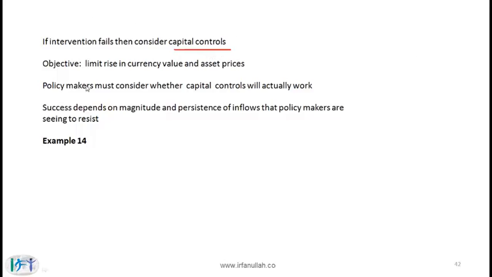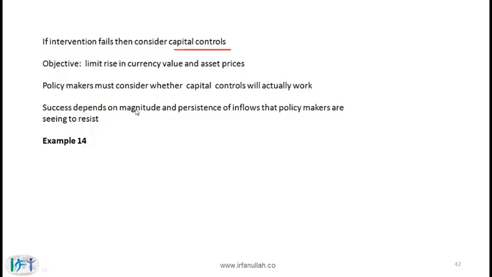The objective here is to limit the increase in value of your currency and increase in value of asset prices. So the key point here as a policy maker is to consider whether or not capital controls will actually work. And evidence suggests that the success of capital controls depends on the magnitude and persistence of inflows.